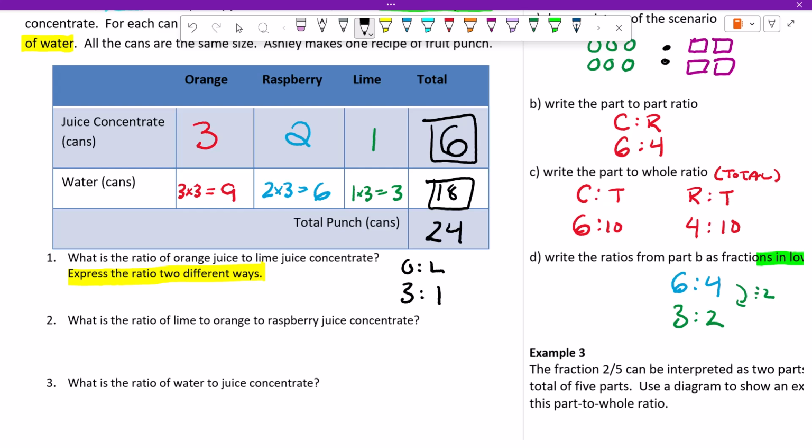So that's a ratio. Remember, there are other ways. We can do it as a fraction, as a word, or as a percent. You can also do the 4th one: you can draw a picture if you wanted. In this case, I think the easiest thing is to just write a little sentence. For every 1 lime, we add 3 orange cans.